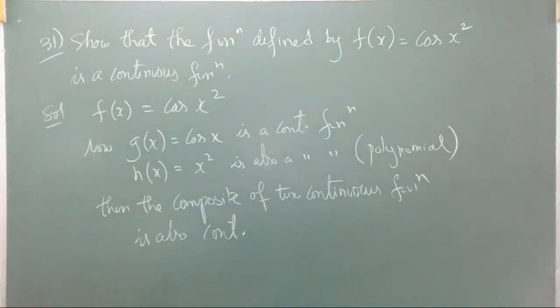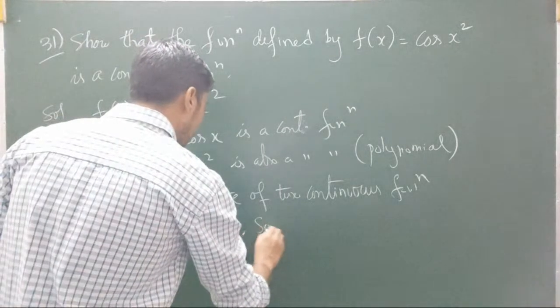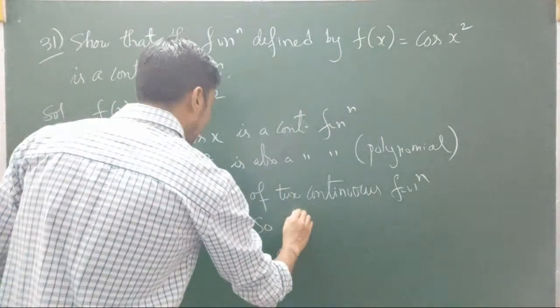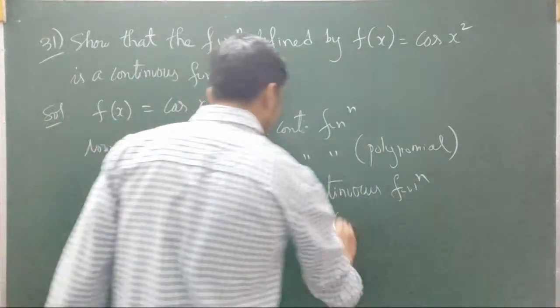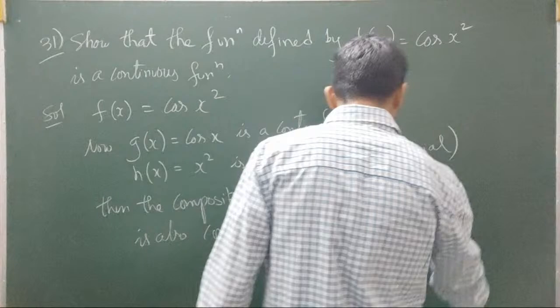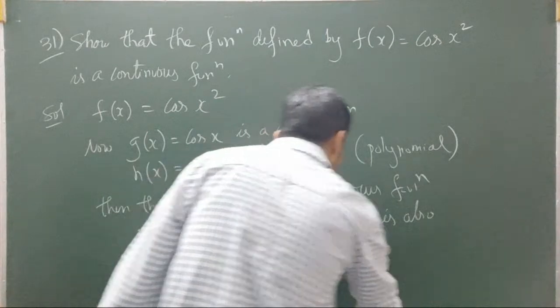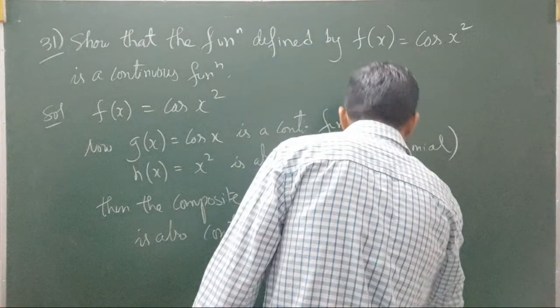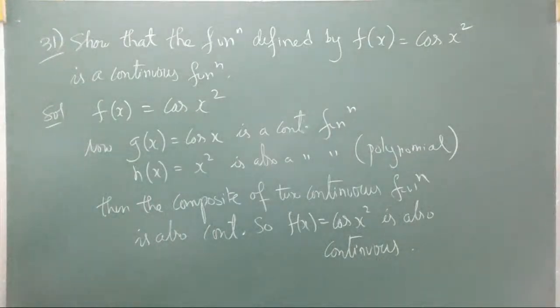That's from the algebra of functions. So f of x is equal to cos x squared is also continuous.